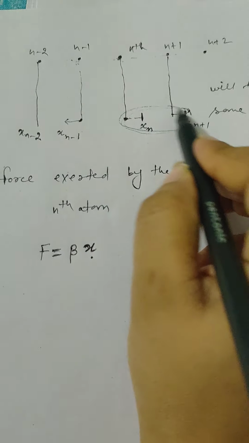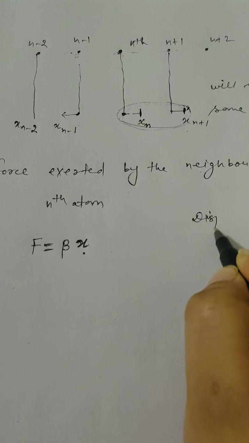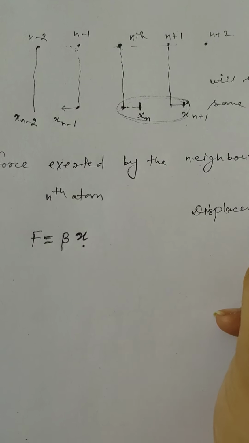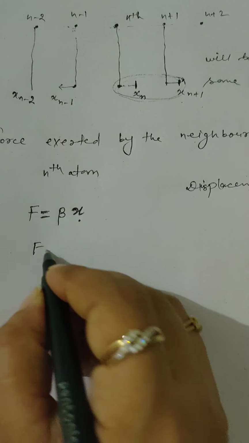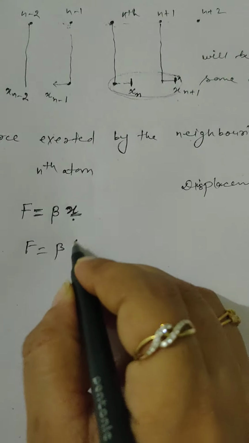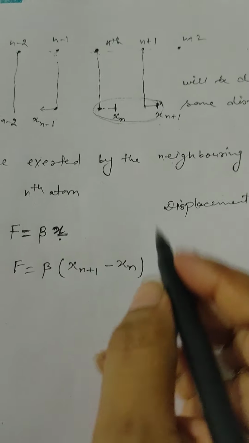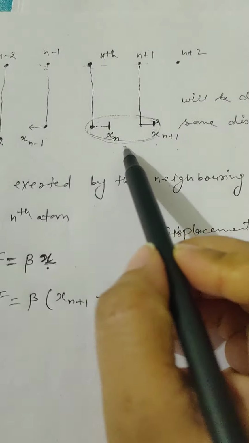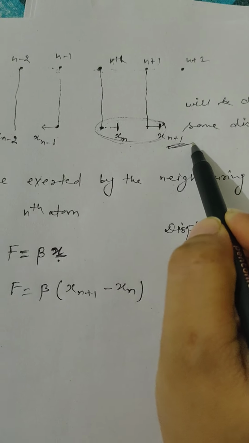For this case, net displacement will be xn plus 1 minus xn. So force in this will be beta, displacement is xn plus 1 minus xn. In this case, I am considering the force exerted on the xn atom by xn plus 1.